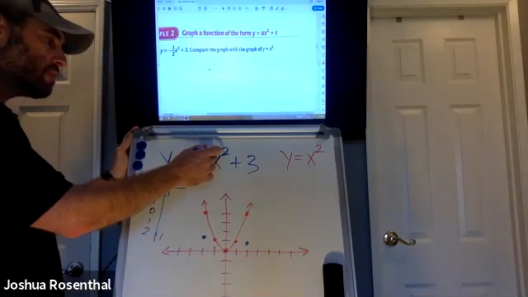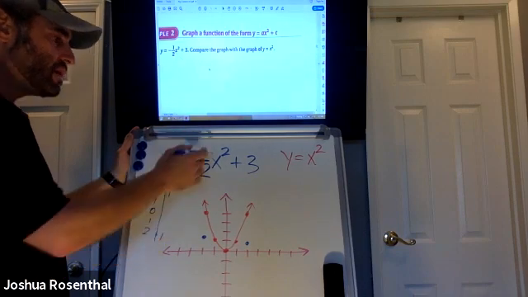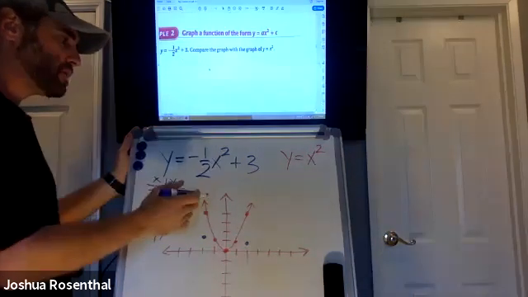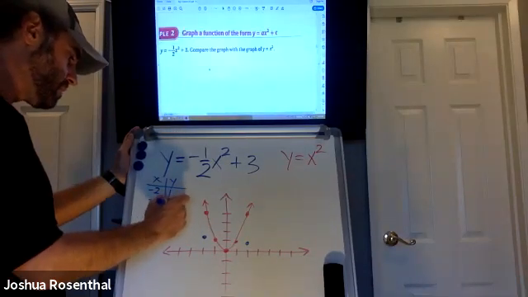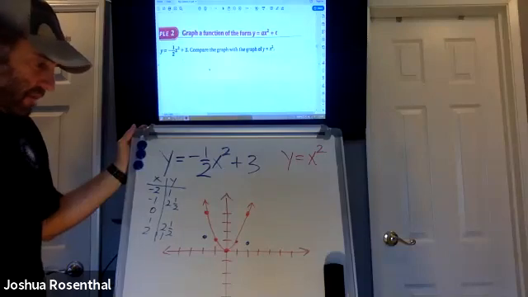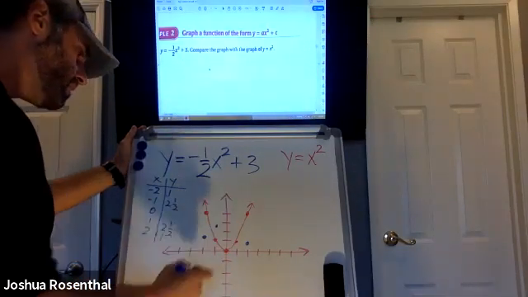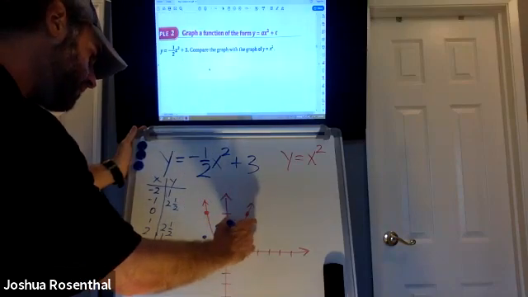-1 squared is 1. And then 1 times -1/2 is -1/2. -1/2 plus 3 is 2.5. So you get -1, 2.5. You get +1, 2.5.